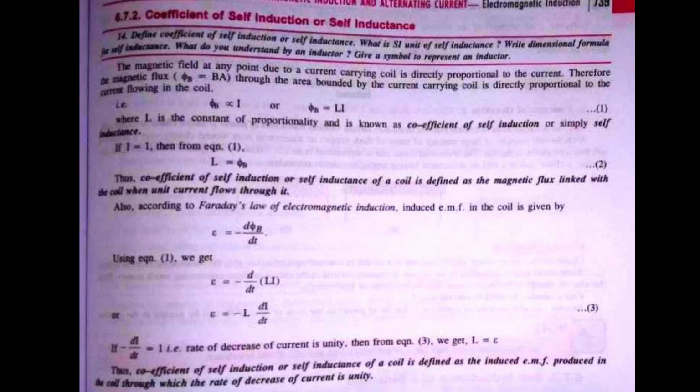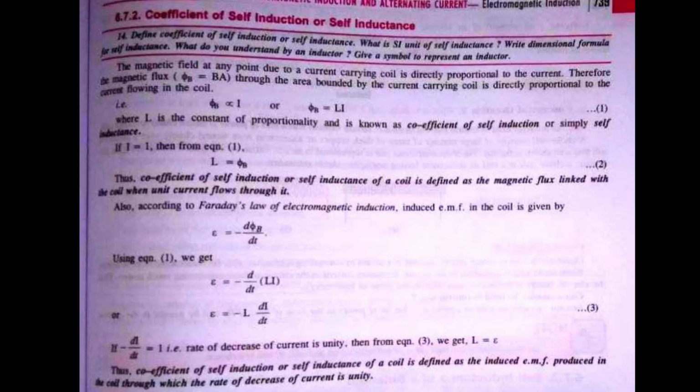So here is a relation: flux is directly proportional to current, phi equals L I, and this L is known as the constant of proportionality, which is called the coefficient of self-induction. If I is equal to 1, then L is equal to the magnetic flux. So here is the definition: the coefficient of self-induction is defined as the magnetic flux linked with the coil when unit current flows through it.